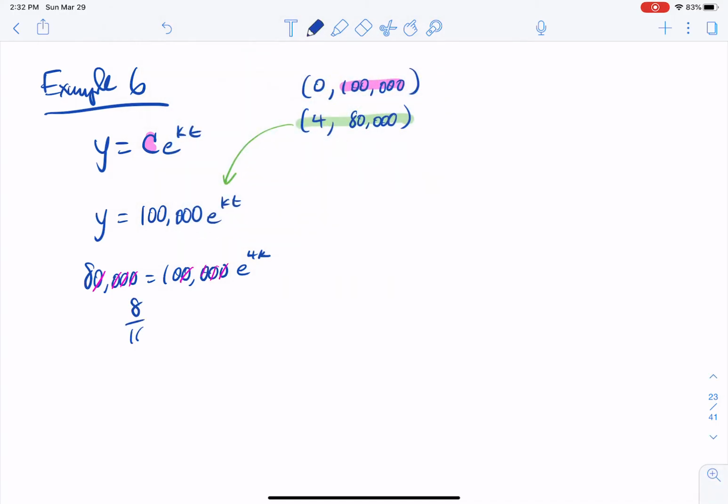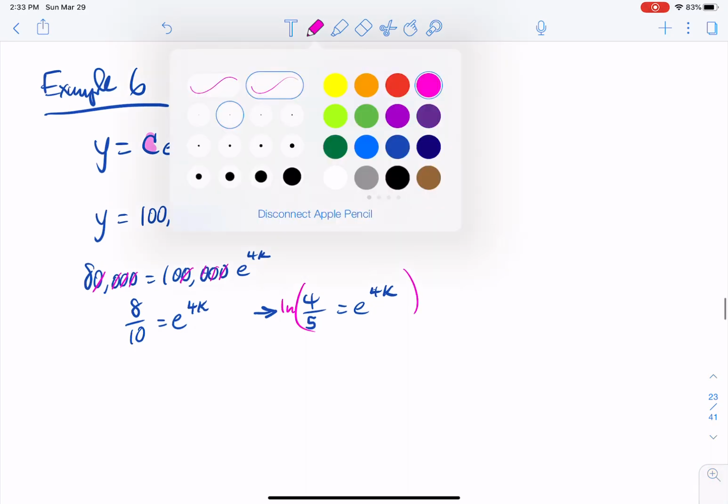Get 8 over 10 is equal to e to the 4k. Maybe reduce our fraction to 4/5 equals e to the 4k. Oh my gosh, I wonder what we're supposed to do next. How about take the log of both sides?